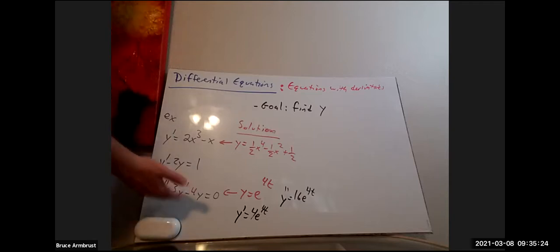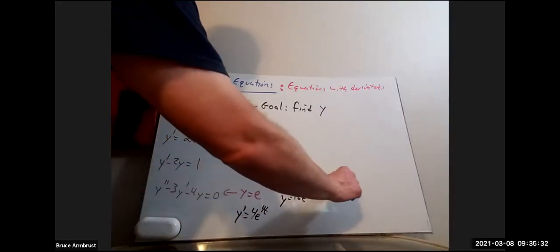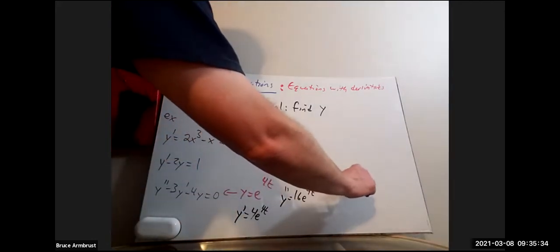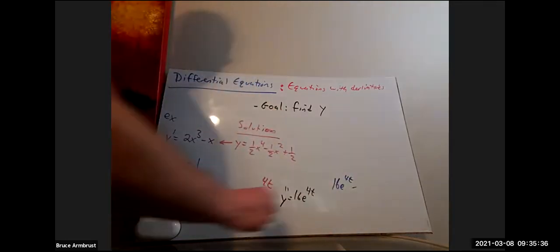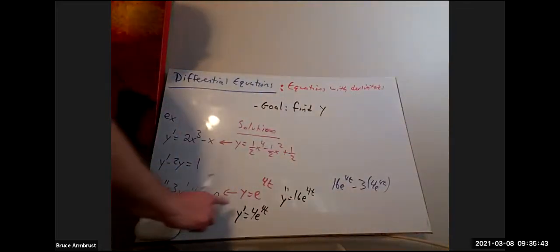So let's plug those in and see that we get truth. We need y double prime, so that's 16e to the 4t. Minus 3 times y prime, so minus 3 times 4e to the 4t. Minus 4y, so minus 4e to the 4t.